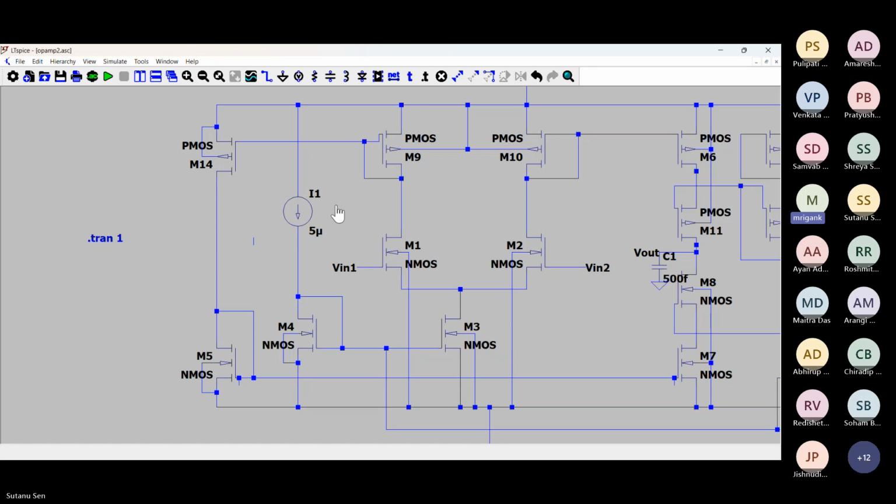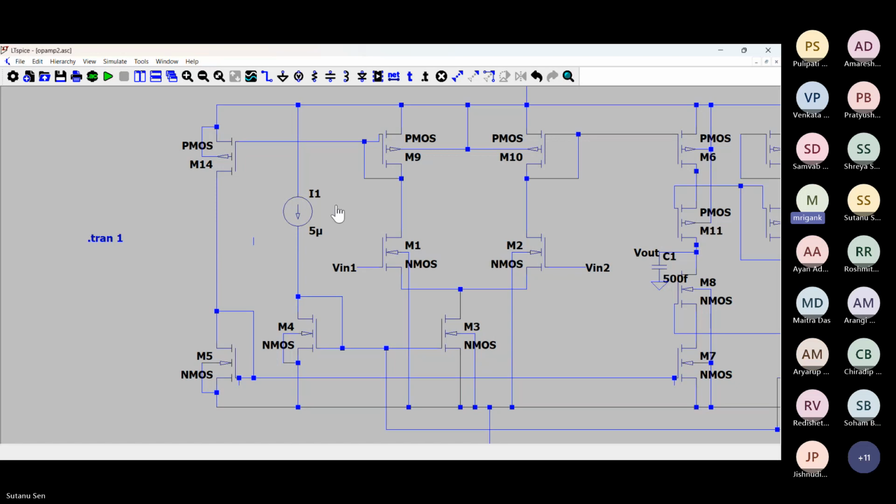They are very different because of the channel length modulation faced by M6. And then we are forced to increase V into so that now M6 current is increasing and becoming similar to the current in M14, because only then M6 and M14 current will be the same, and as a result M6 and M7 current will be the same, and then only the output will go to midpoint.